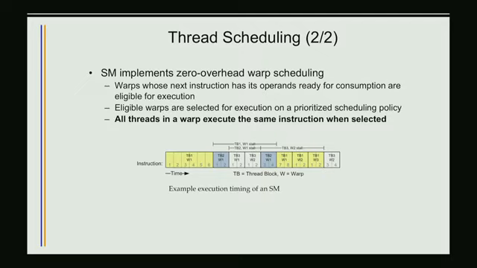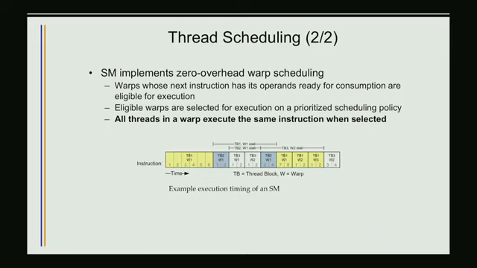So for example, let's say I start with thread block 1, warp 1, and I keep processing that particular warp for 6 clock cycles, meaning I'm just continuing to fetch instructions from that warp, 32 at a time, for 6 clock cycles.